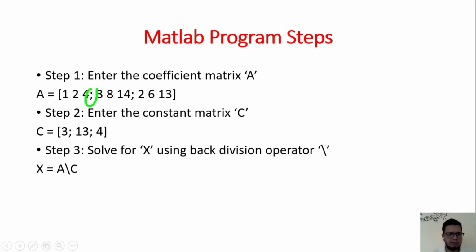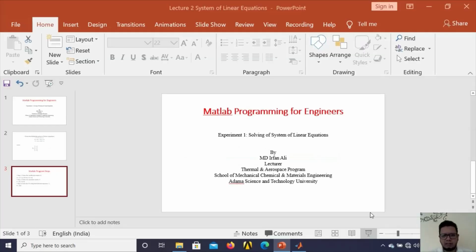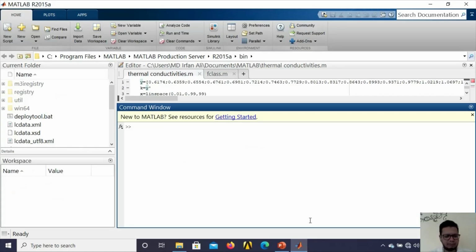The semicolon is used to enter a different row. The second step is to enter the constant matrix, and the third step is to find the solution set X using the back division operator, backslash. Very simple, we will get the solution. So, let us go to the MATLAB software.